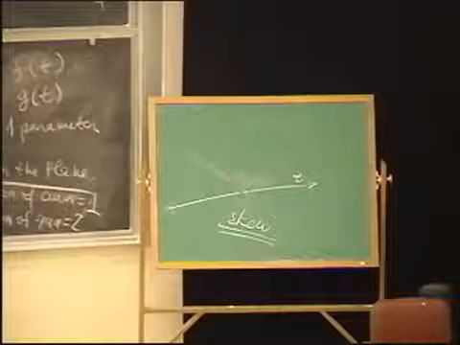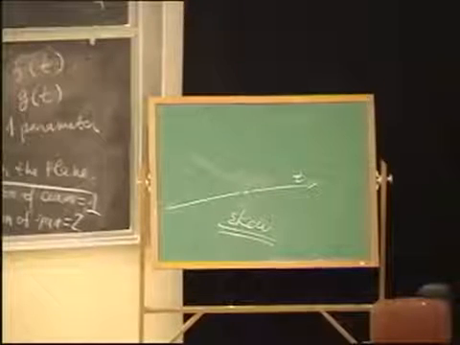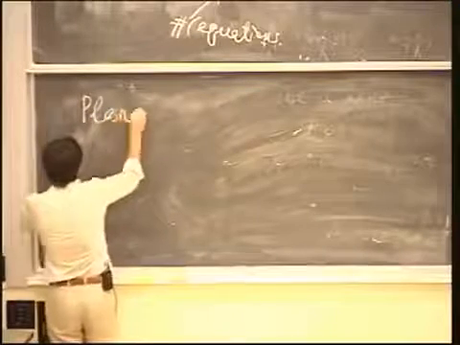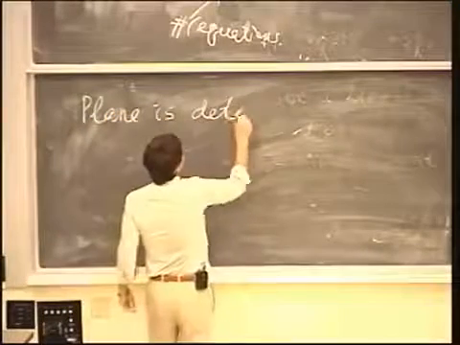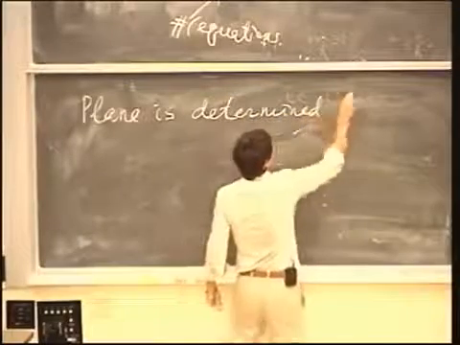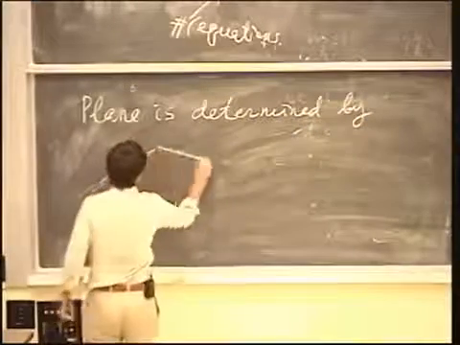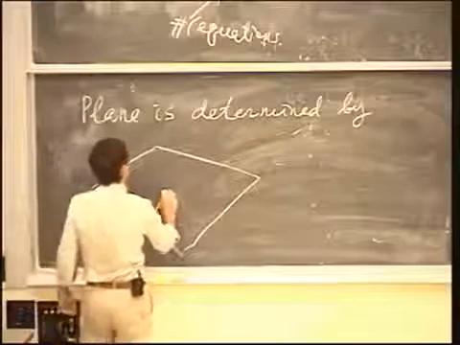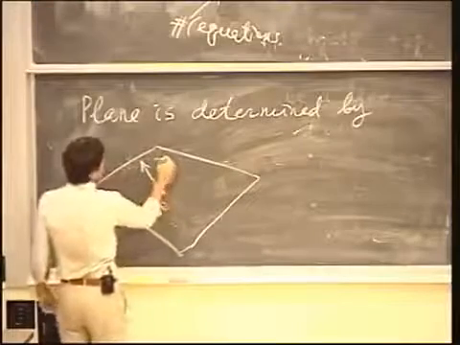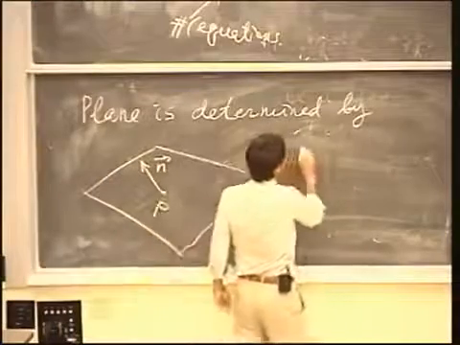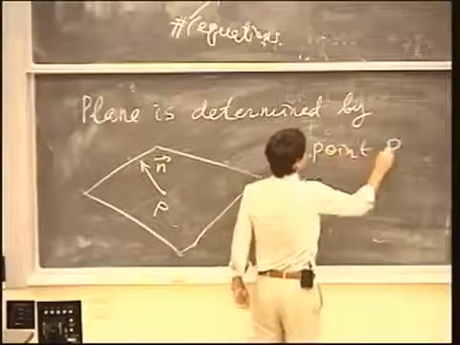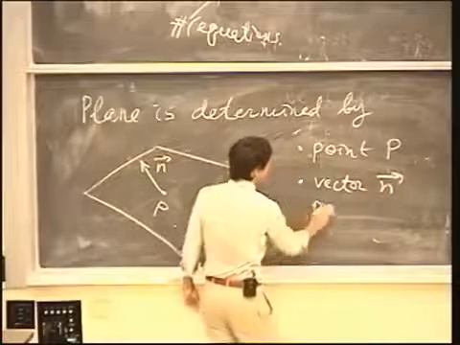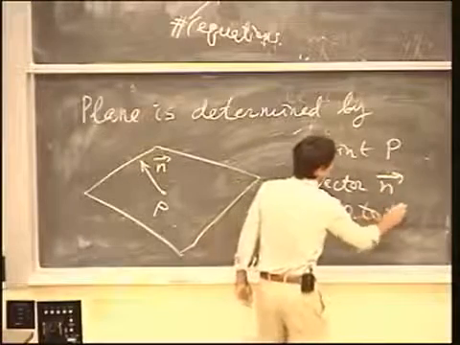So instead of vector v, which is like the direction vector in the case of lines, we are going to have a perpendicular vector determined by, and I will just draw it as a picture, a point P and a vector n, perpendicular to the plane.